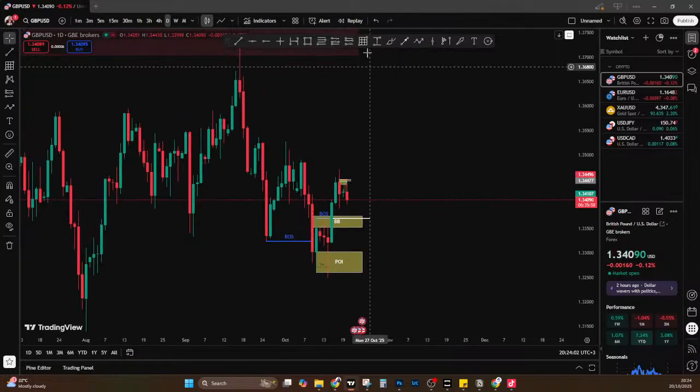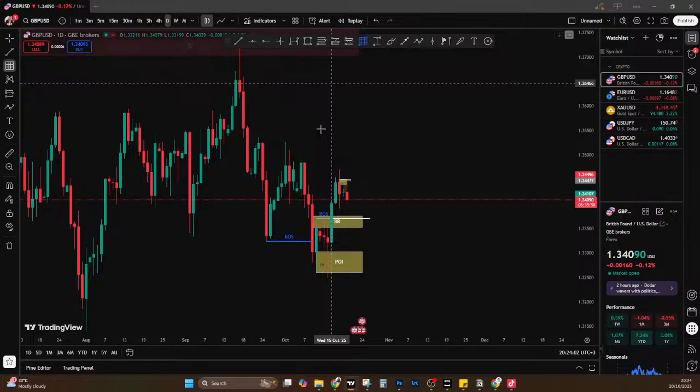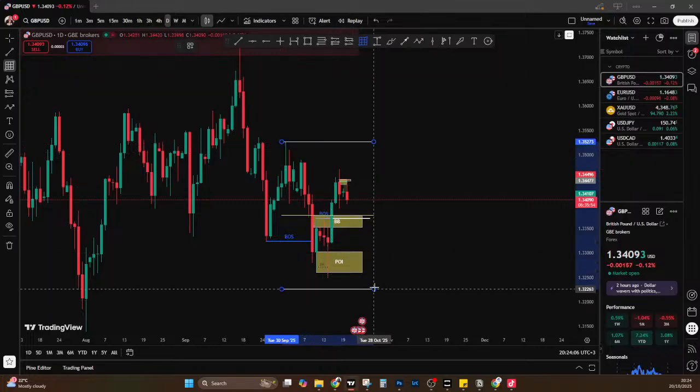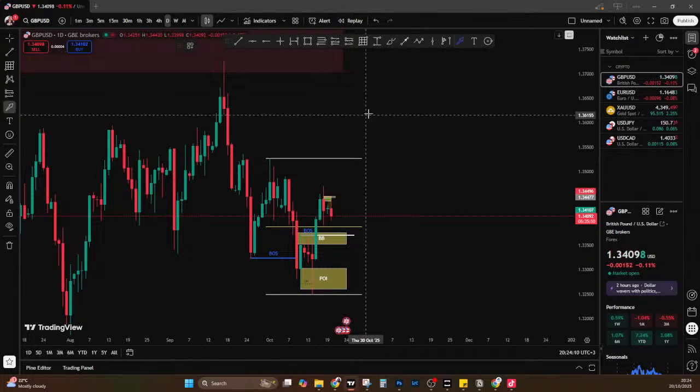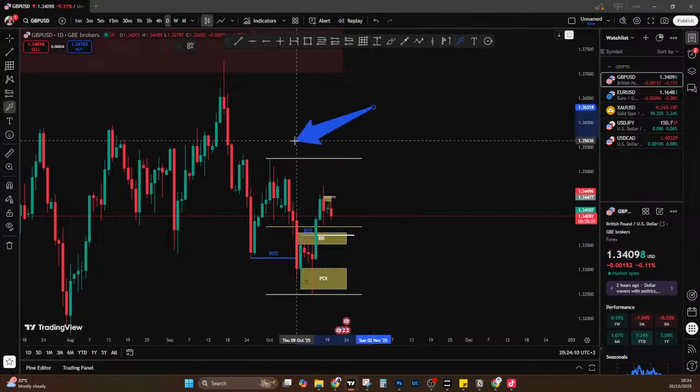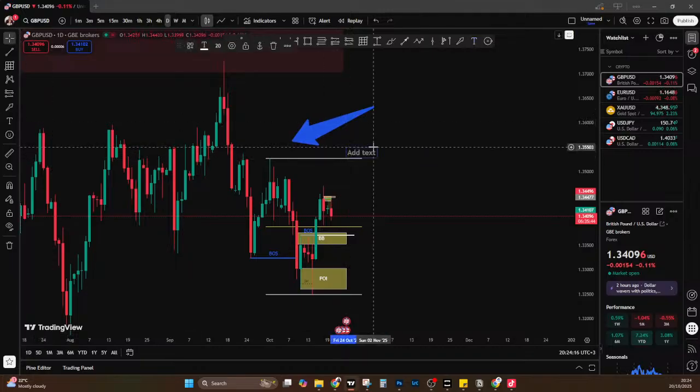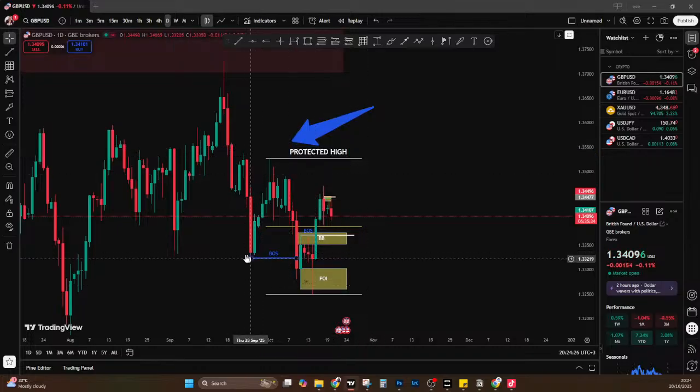So this is now our trading range, from that high to this low. So what do we do? This is a protected high. Why? Because this is the high that took out this external range liquidity, or this low.